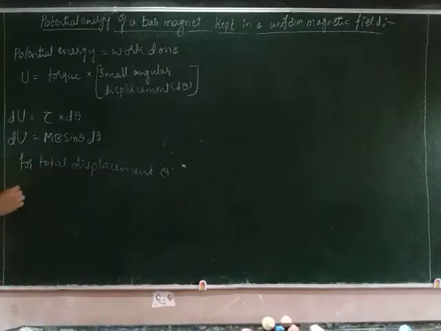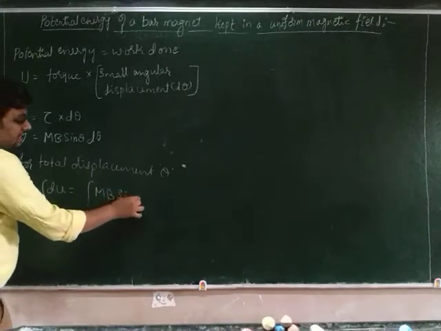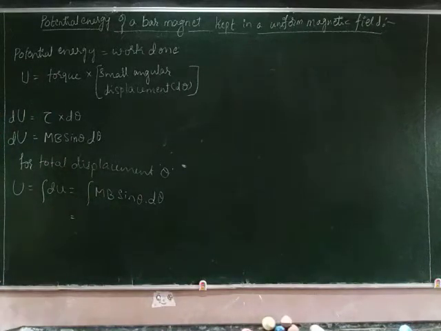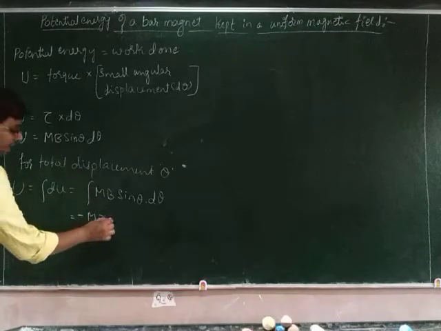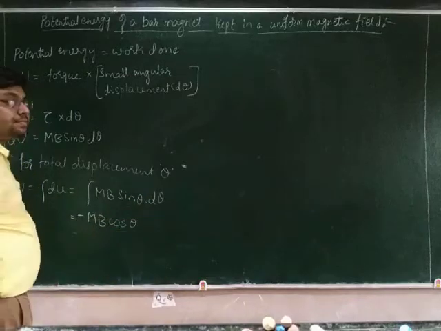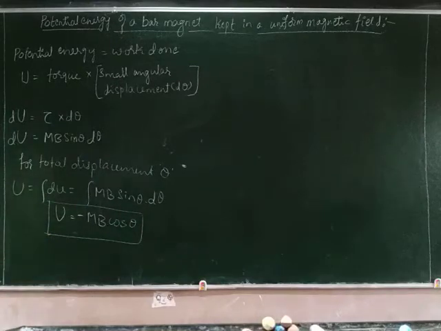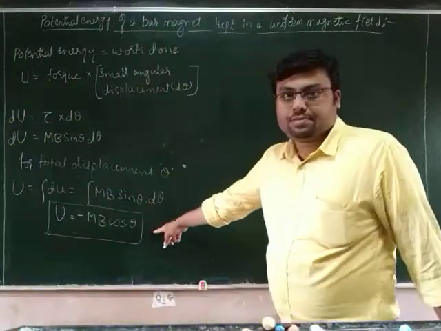In order to get the total potential energy, we need to integrate dU, that is the integration of mB sin theta d theta. Here mB is constant, take it outside. Integration of sin theta is minus cos theta. It is the expression for the total potential energy of a bar magnet which is kept in a uniform magnetic field.